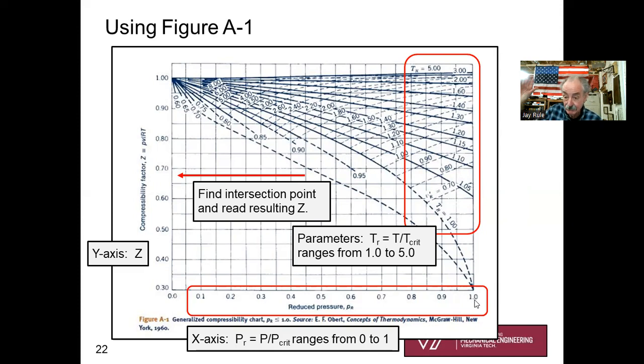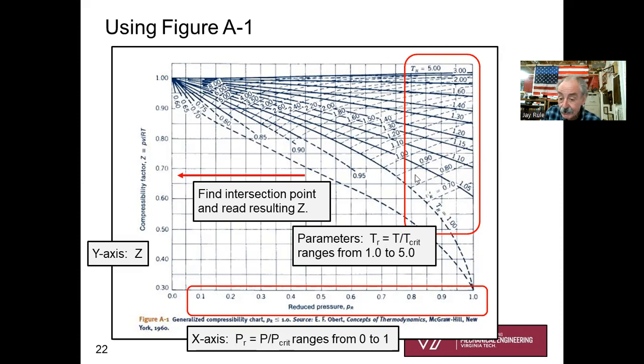It can be 10. You have to go to a different figure. Notice how all these parameter lines are expressed in terms of T sub r. It starts out at 5 and decreases and decreases until TR is 1.0.